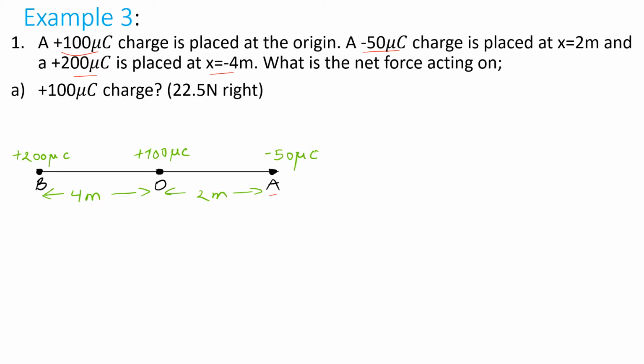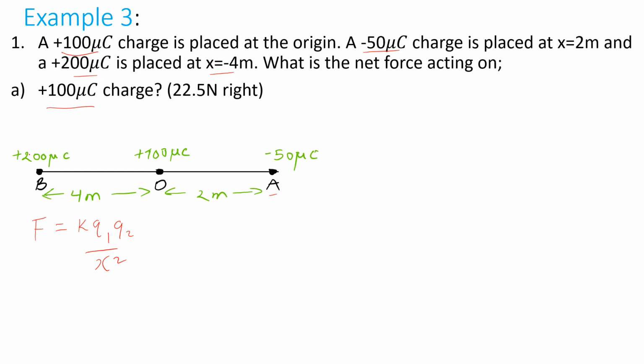We recall that the force between 2 point charges is K Q1 Q2 over x squared. Therefore, we are going to deal with these forces independently. Since we want the force on the 100 microcoulomb charge, which is surrounded by the negative 50 microcoulomb and the positive 200 microcoulomb, it is going to experience a combination of forces.